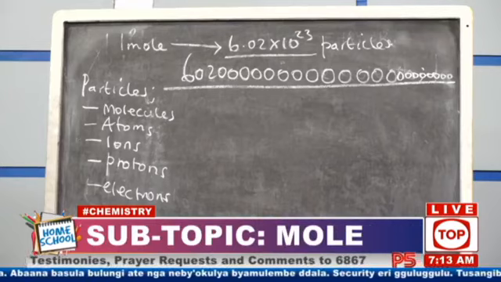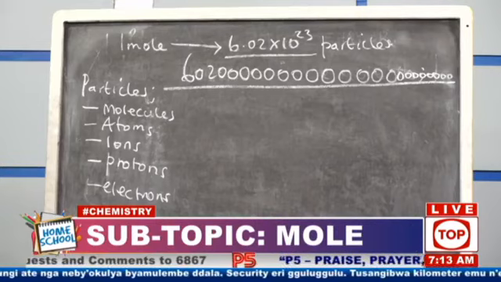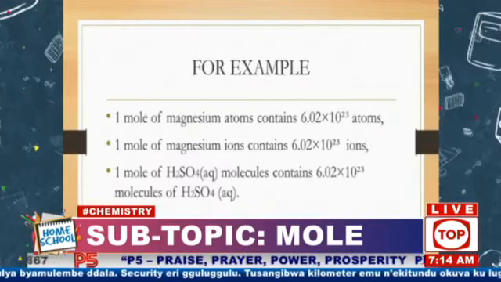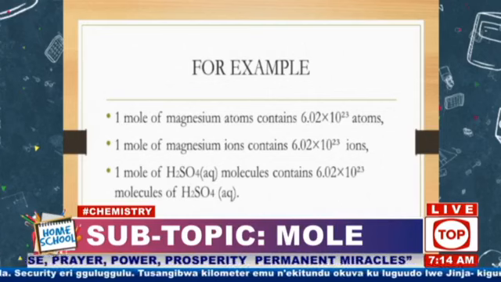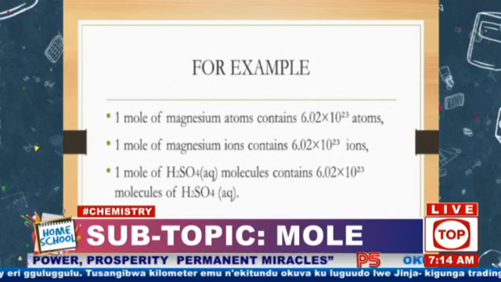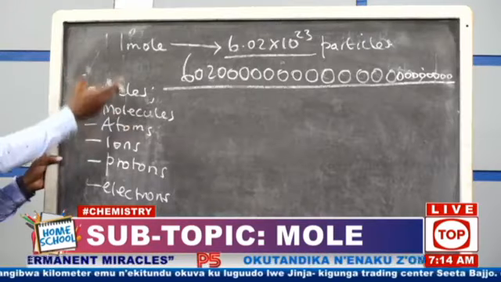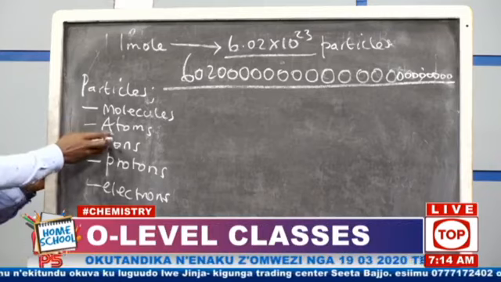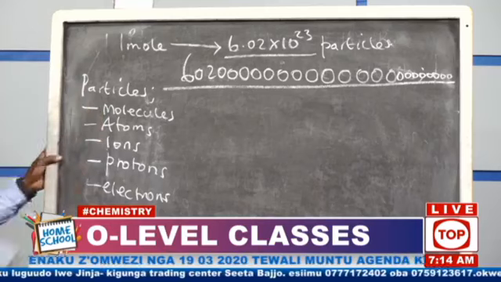Okay? So when we look at the second part, on the same slide, we have looked at atoms. We have looked at ions. Now at least let us also look at molecules, because here we have listed molecules, atoms, ions, protons, electrons, and many more. But now we have looked at an example on ions, atoms, molecules. Okay?